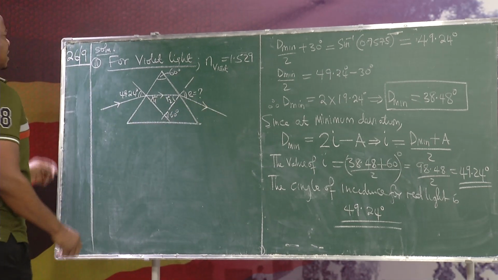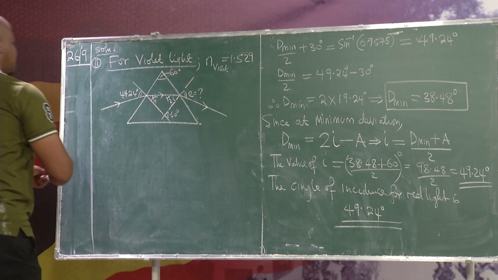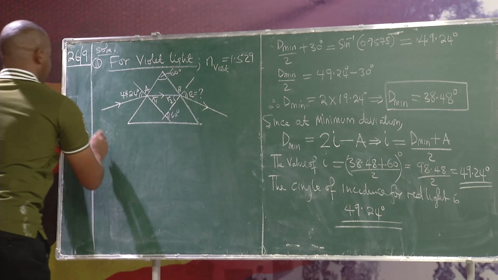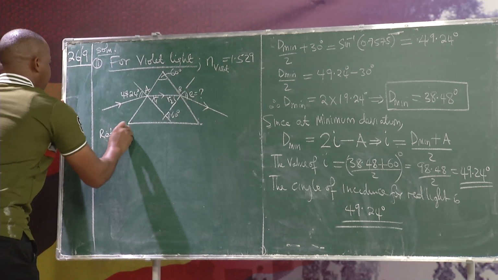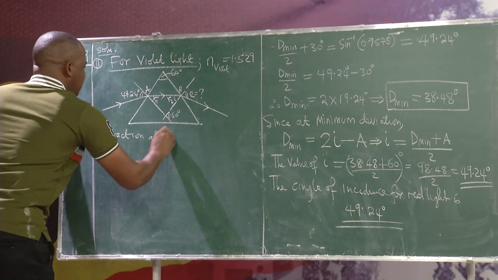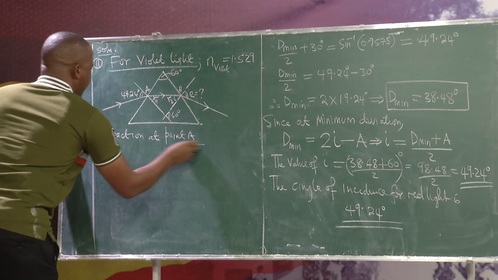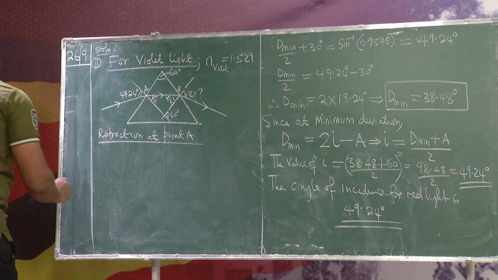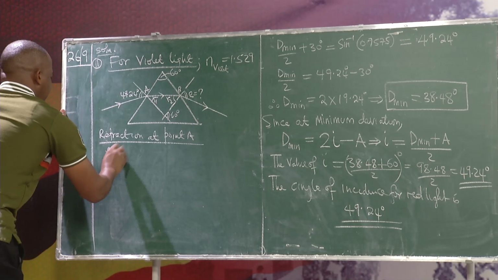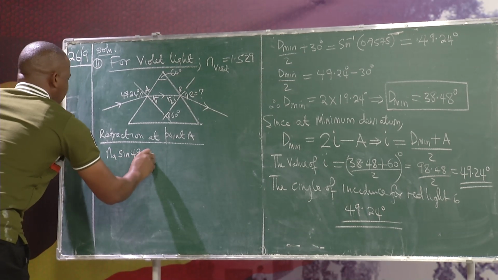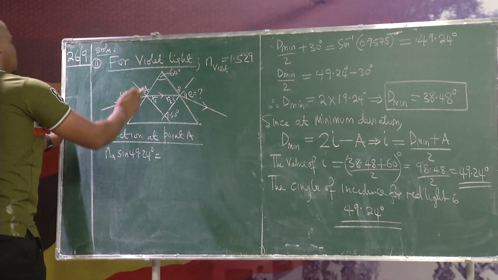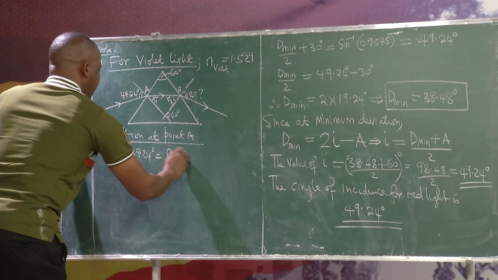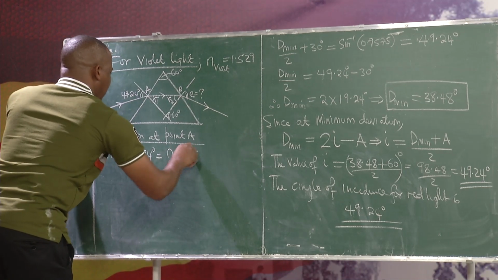So if we use n sin I on this face, I'll call this point A and this point B. Refraction at point A, we shall get air, the sine of 49.24 should be equal to n violet, the sine of what I have called R1.